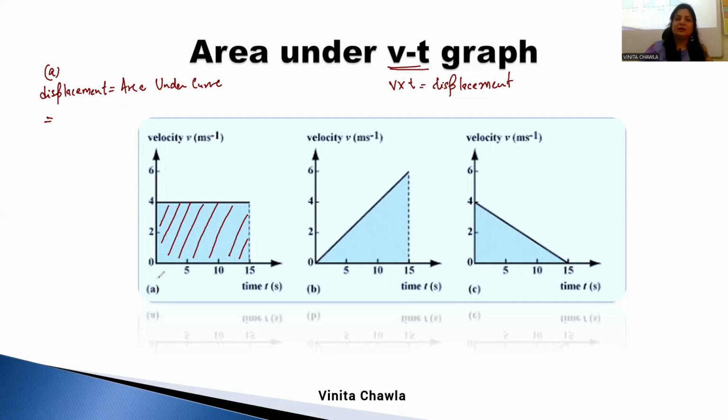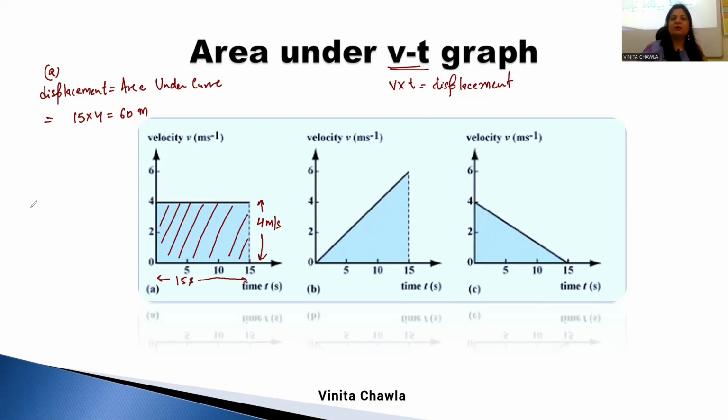The length is 15 seconds, and the breadth is 4 meter per second. So length into breadth is 15 into 4. 15 4s are 60. And we measure displacement in meter.